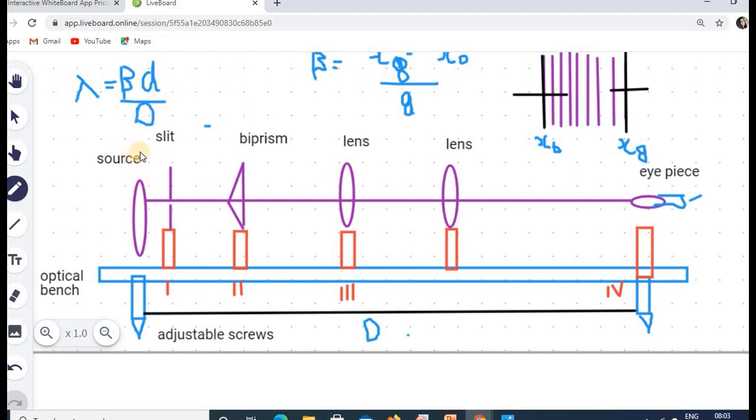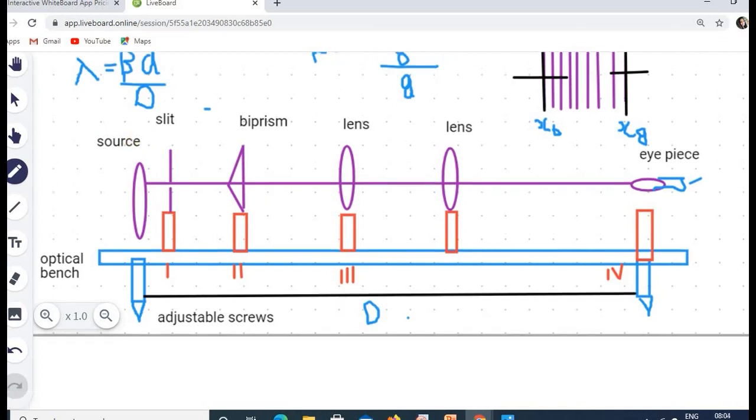So for measuring small d, what are you going to do? To measure the separation between the two virtual sources, d, what do you have to do?